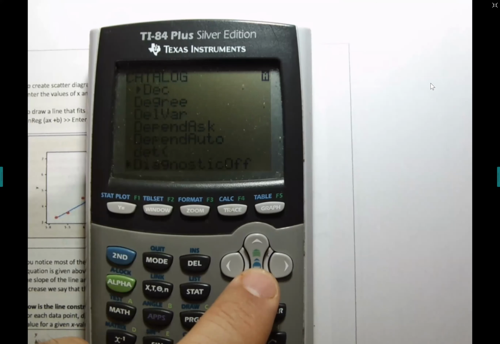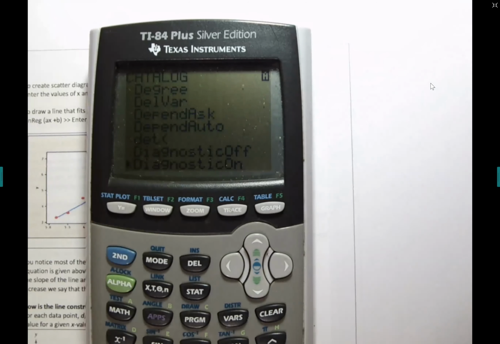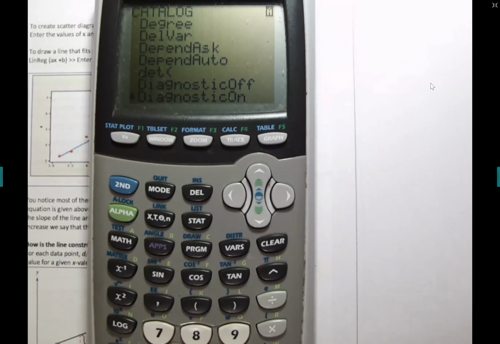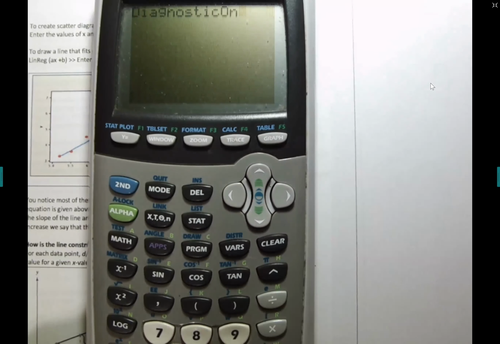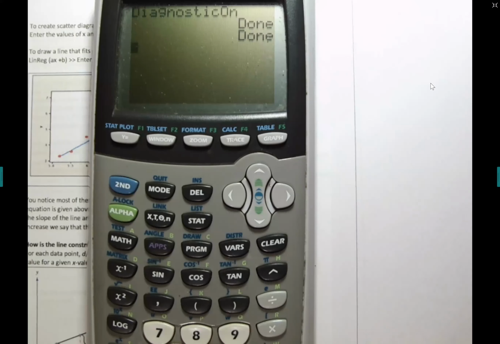Press enter twice. You must do that in order for this calculator to be capable of performing the tasks of chapter 9.